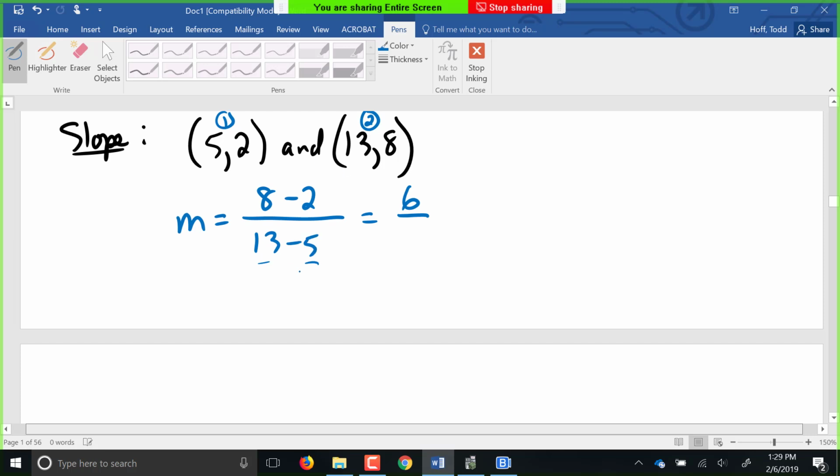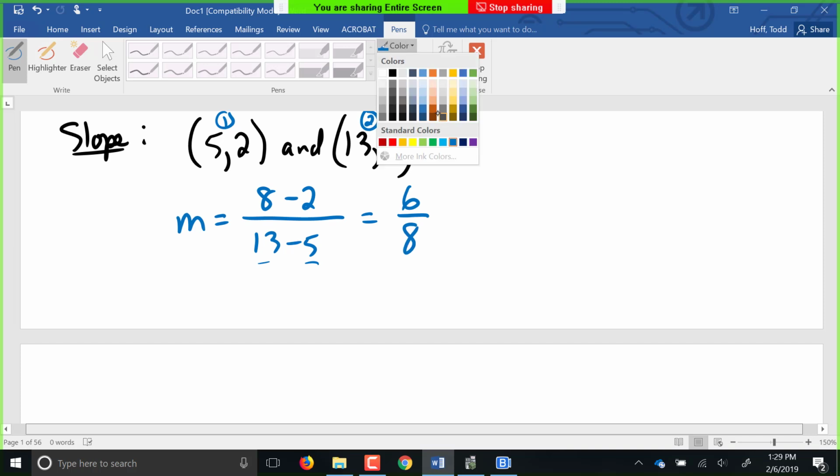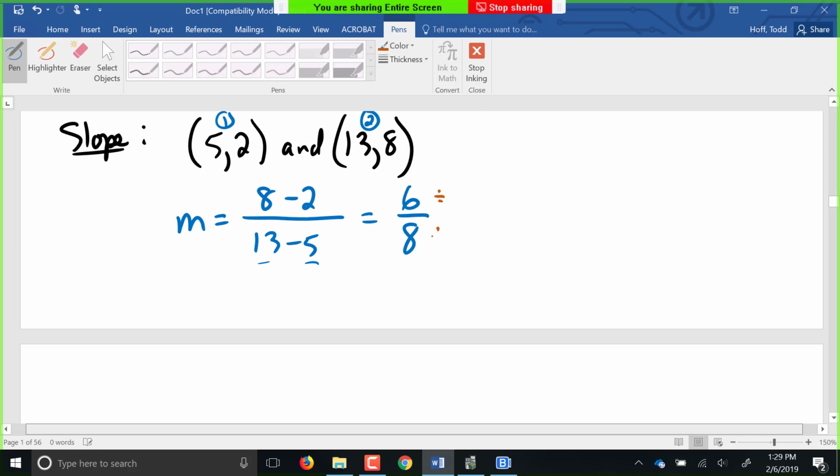X2 minus X1, and that gives us, be brave, 13 minus 5 is 8, good. And that reduces, both divide by 2 to give us 3/4. So a rise of 3 for a run of 4 is our slope.